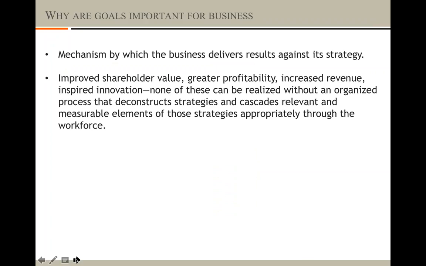So why are goals important for business? So this is again a reiteration that this is how business delivers results against the strategy. So goals actually drive the business strategy, resulting in improved shareholder value, increased customer satisfaction, increased profitability.